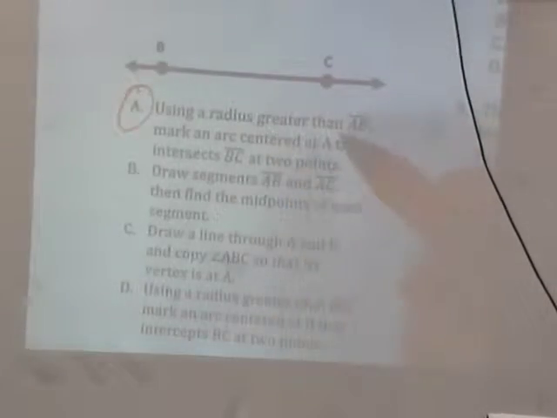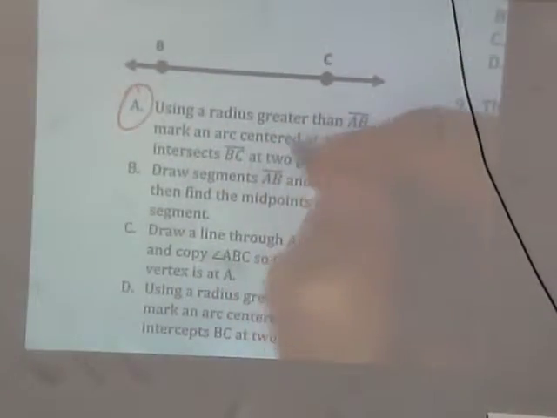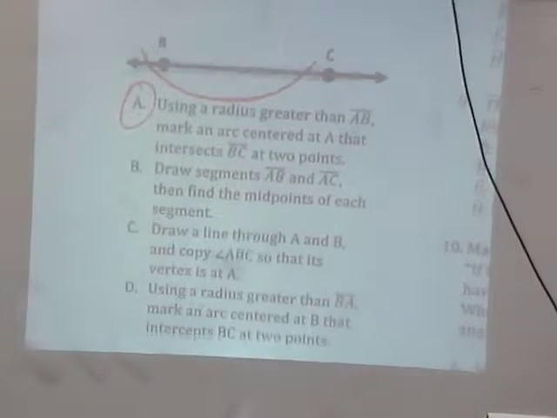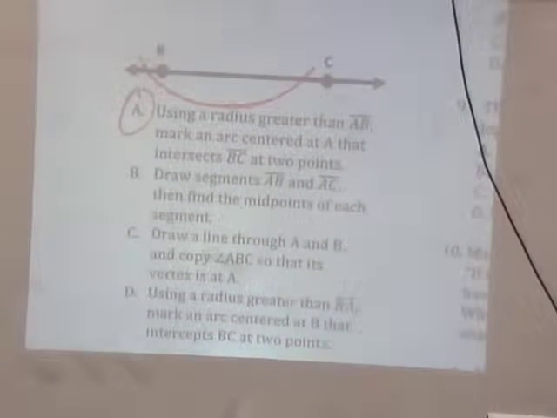You're going to use a radius greater than AB. You're going to mark an arc with a center at A. So the point would be here, and the arc would have to go like this. Questions on 7?